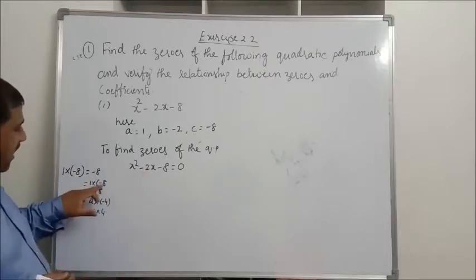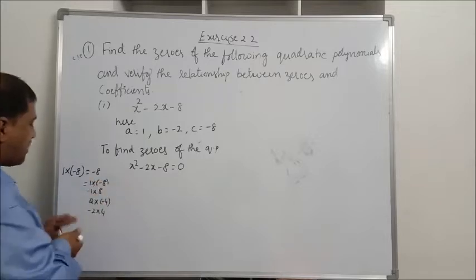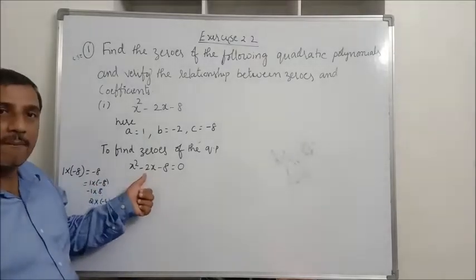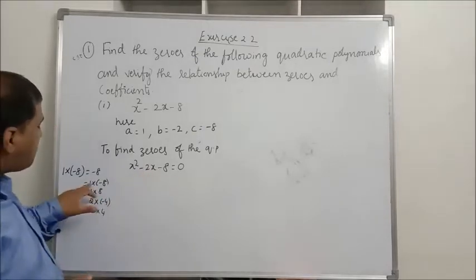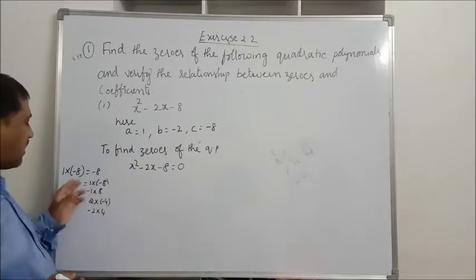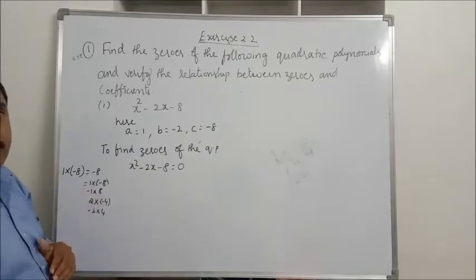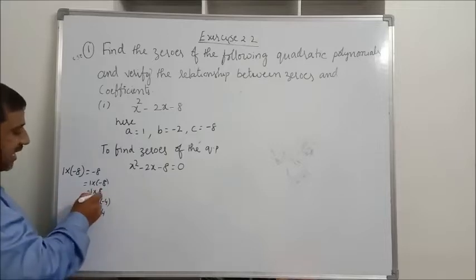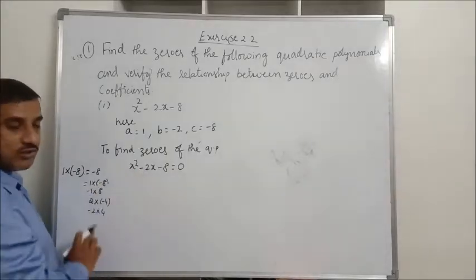Here 1 and minus 8, if you add these two, we get 1 minus 8, which is minus 7, not equal to minus 2. By subtracting these two, 1 minus of minus 8, it is plus 9, which is not satisfied. Then minus 1 plus 8 gives plus 7, which is not equal to minus 2.